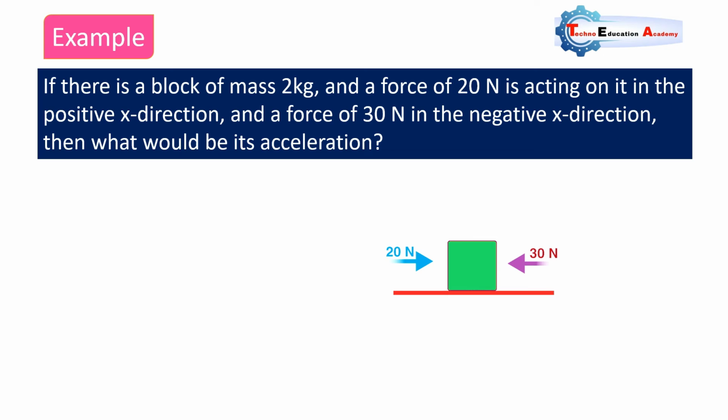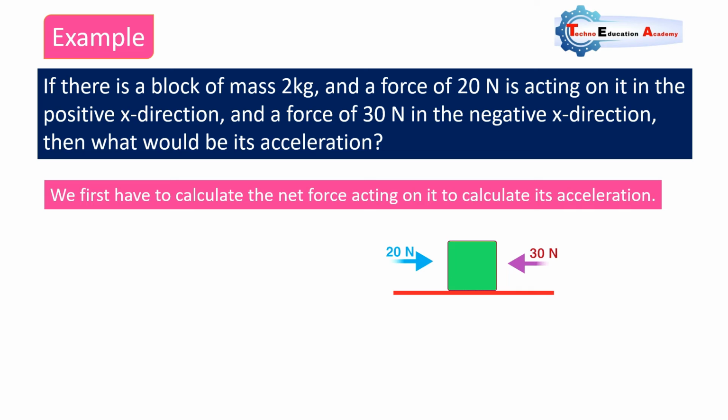As per the schematic diagram, here you can see that the mass of the block is 2 kg and the force 20 Newton is acting in positive x direction, and the force 30 Newton is acting in negative x direction, and our objective is to calculate its acceleration. So we know that F equals ma.